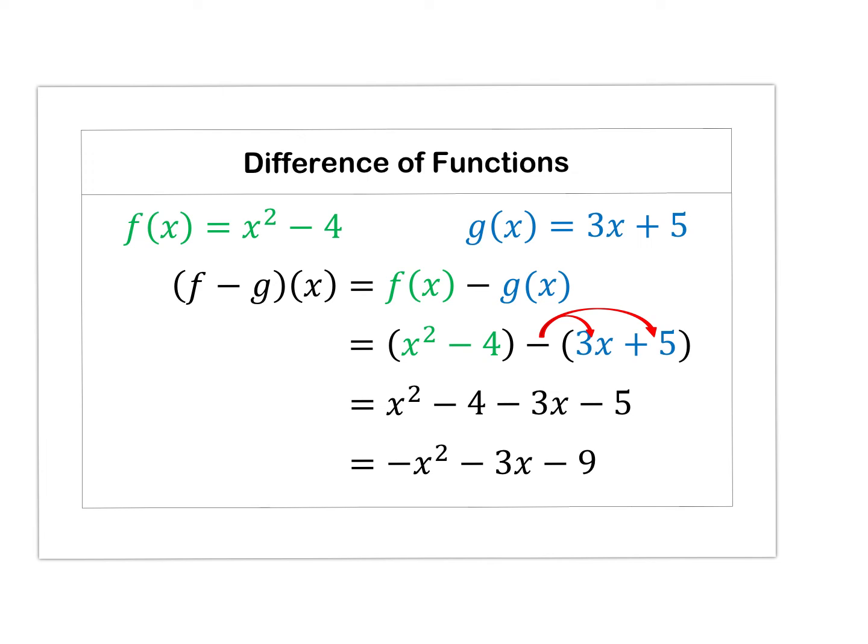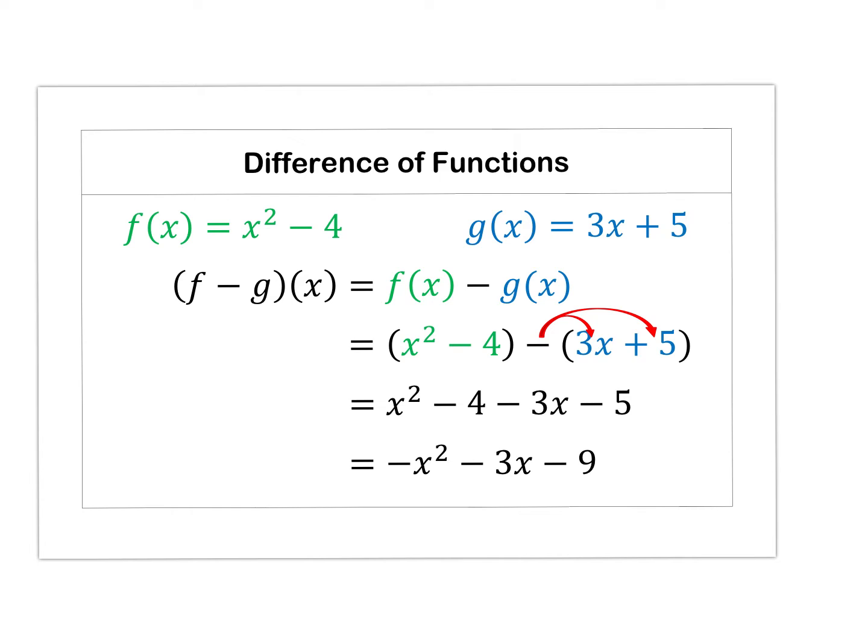All right, and then here is an example of the difference of functions. Again, you have f of x and g of x, and you're subtracting them. Now, this is two ways of writing the same thing. F minus g of x is the same as f of x minus g of x. You just need to be comfortable with this function notation. Now, you need to be careful with the subtracting of functions.